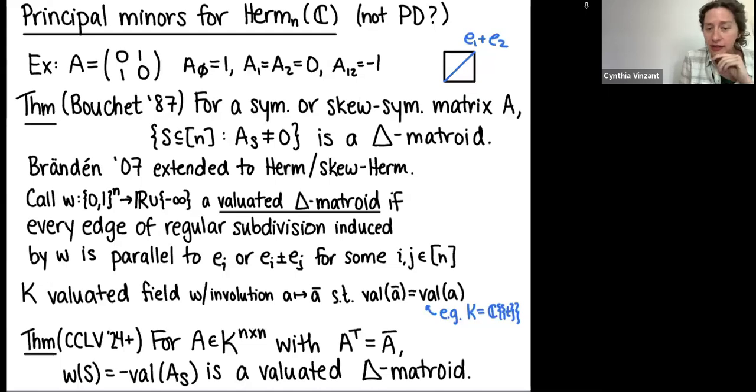This gives a function on the vertices of the 0, 1 cube. What we're able to show is that this gives a valuated delta matroid. So the subdivision that this induces on the 0, 1 cube, all of the edges have this form.